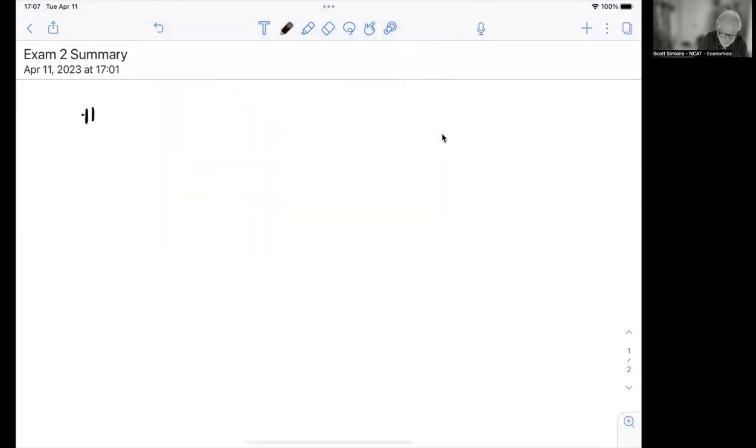Question number 1 has a set of graphs. You'll need to refer back to the exam itself. I'm not going to bring that up here, but it asks where the equilibrium interest rate in the open economy is, and that turns out to be 10%.